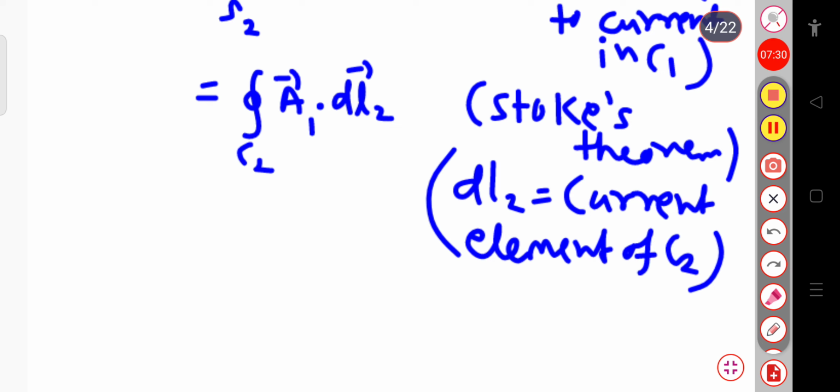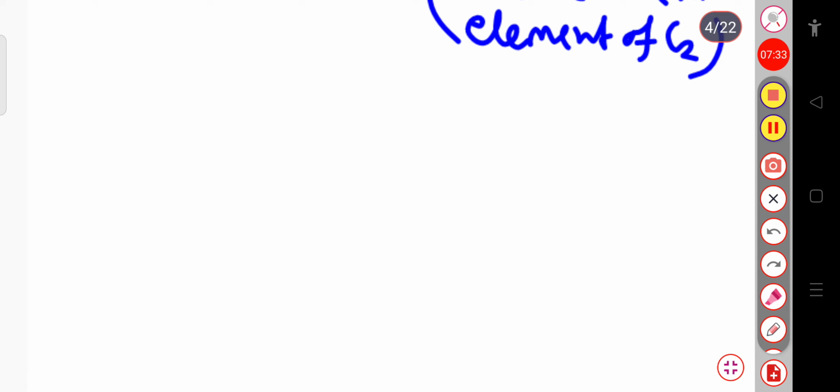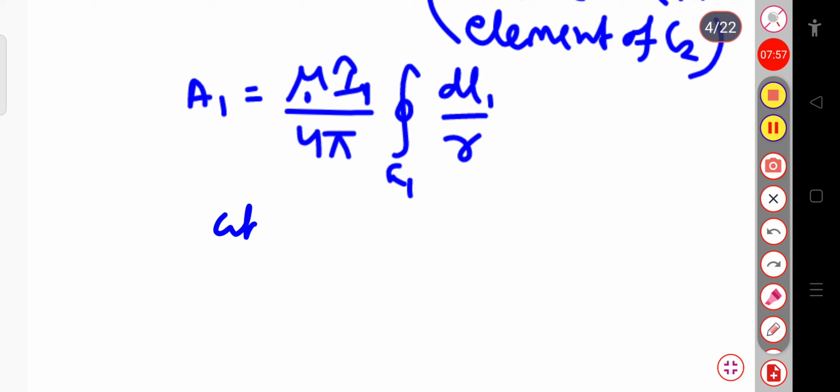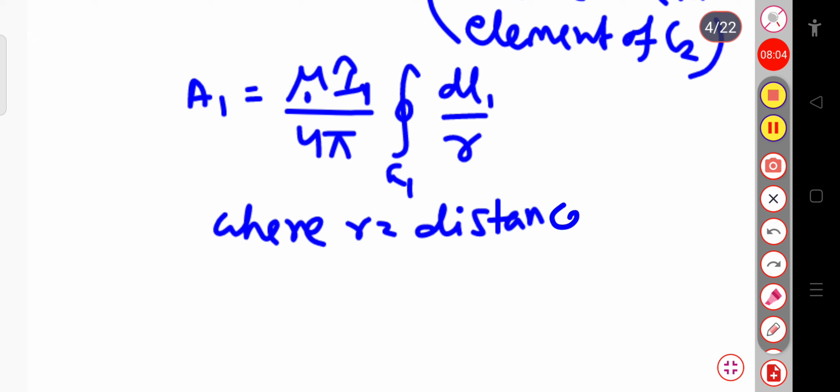Also we know the value of A1: A1 equals mu naught I1 divided by 4 pi, times the integral over C1 of dl1 divided by R, where R is the distance between the two current elements.